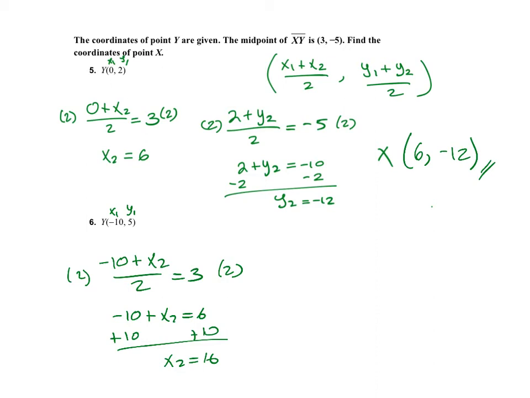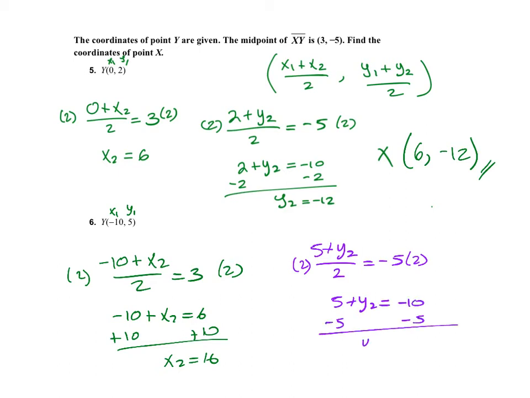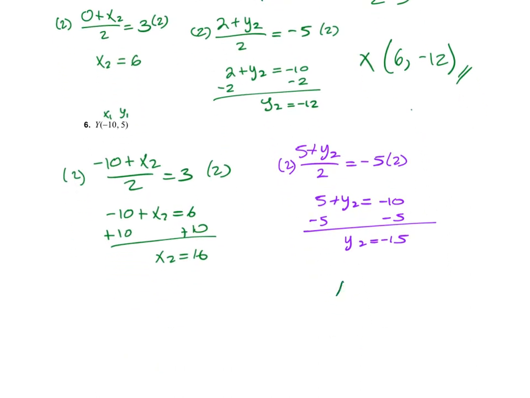Now, 5 plus y2 divided by 2 equals negative 5 again. So times 2: 5 plus y2 equals negative 10, so y2 equals negative 15. So my other point on exercise 6 is 16, negative 15.